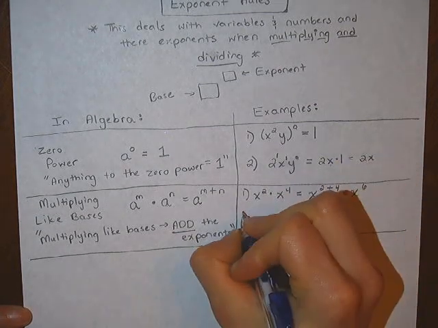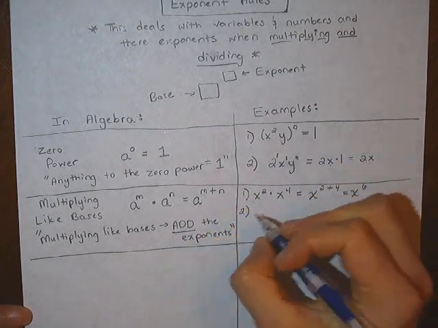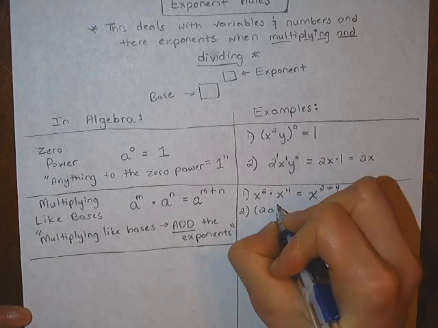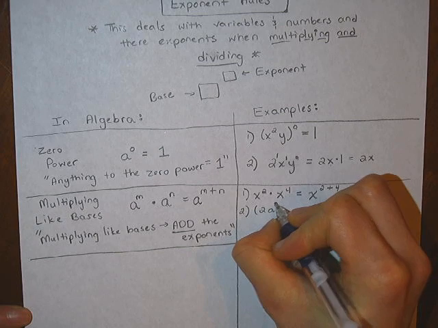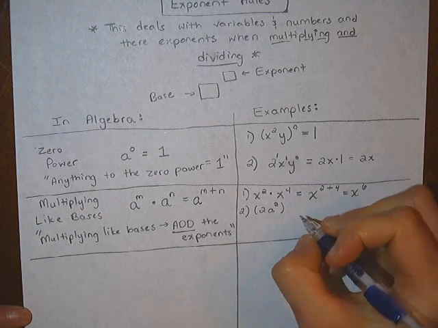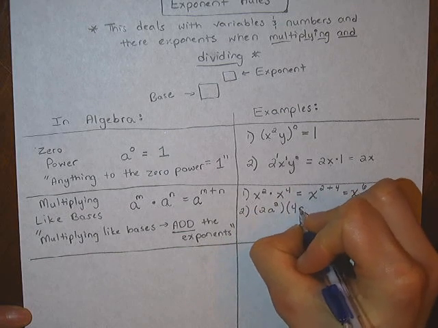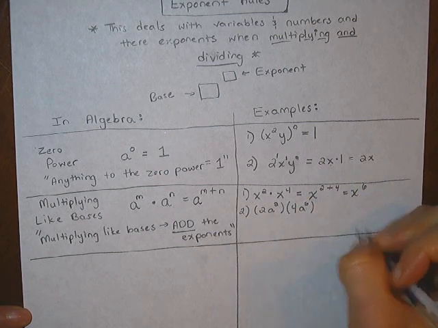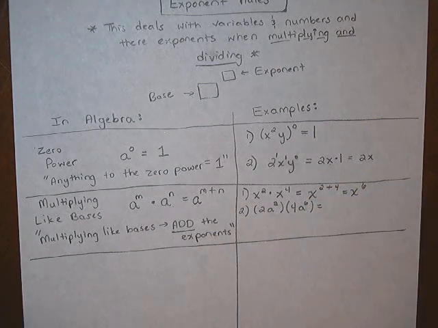Okay, so let's do another one. Say we have 2a to the 2nd power times 4a to the 6th power. And we have to figure out what that equals. Well, we've got a couple things going on here.